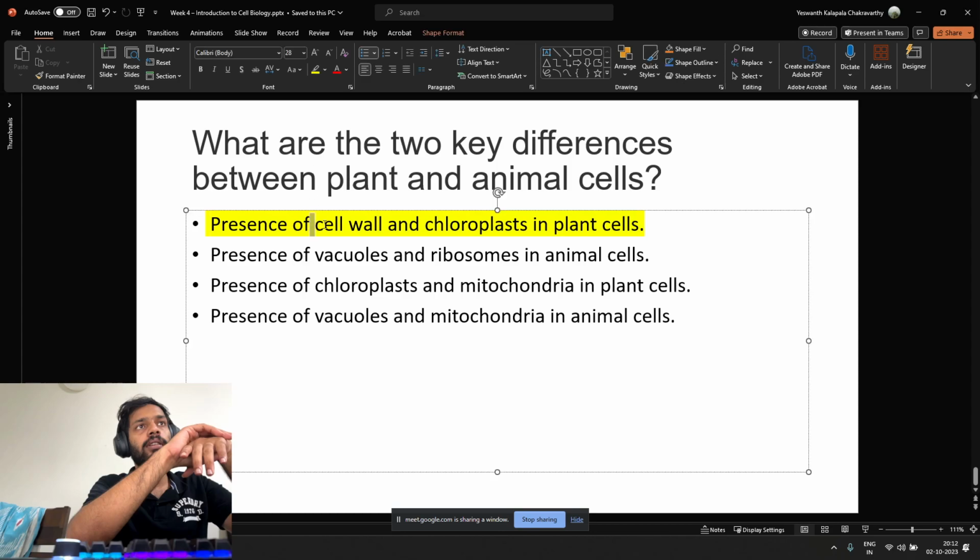Yeah, so essentially cell wall and chloroplasts are present in plant cells, whereas ribosomes are present in animal cells as well as plant cells. Chloroplasts are present in plant cells, but mitochondria are present in both animal and plant cells. So the two key differences are plant cells exclusively containing cell wall and chloroplasts.